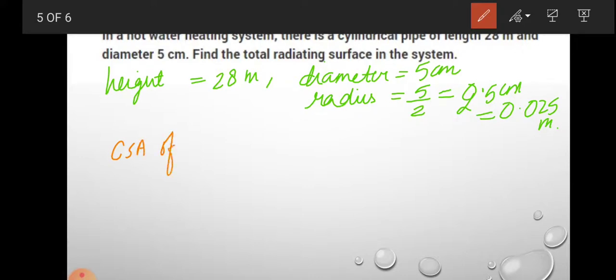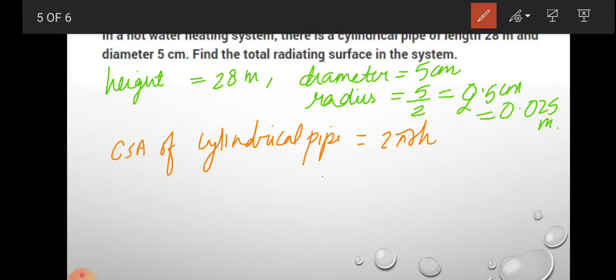Now curved surface area of cylindrical pipe is equal to 2 pi RH, which is equal to 2 into 22 by 7, into radius 0.025, into height 28.